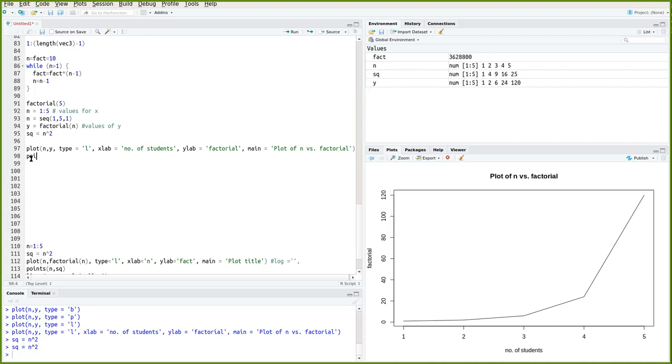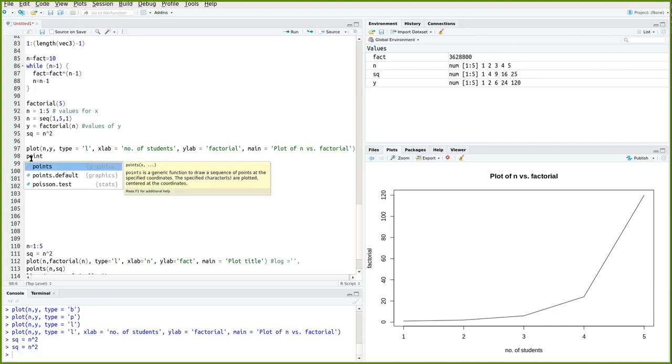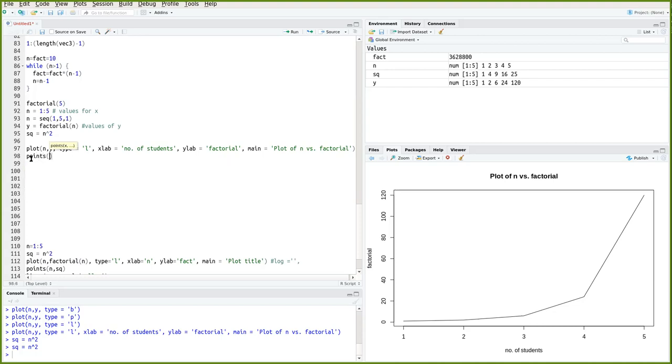If you want to plot points, you use the function points. Again, it would ask you what the x values are, you put n, but now my y values are given by the vector square.